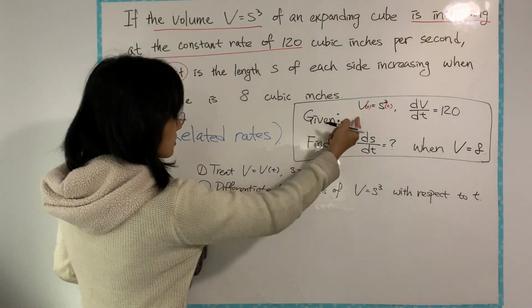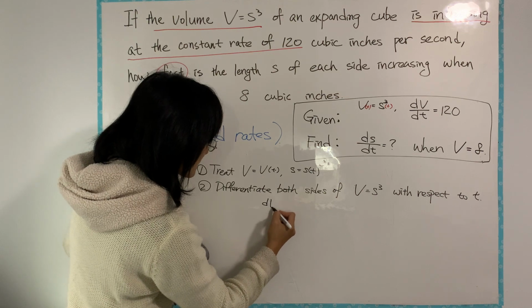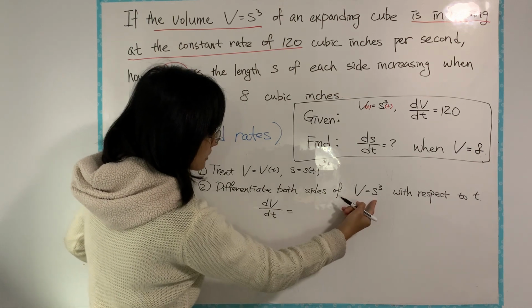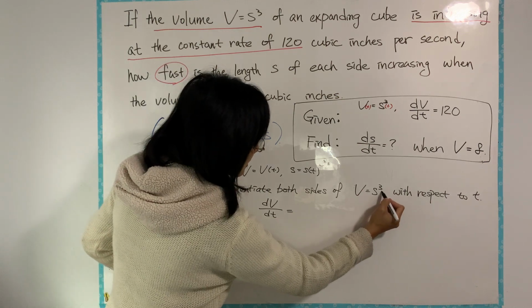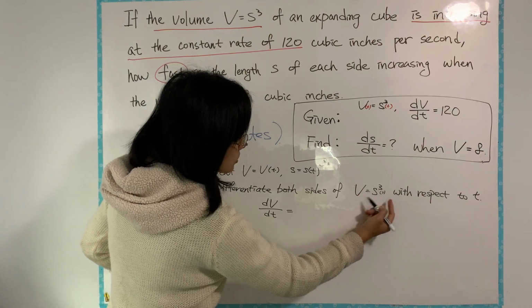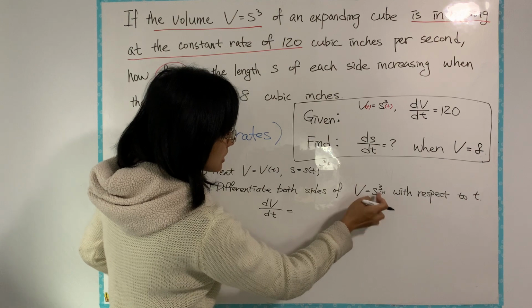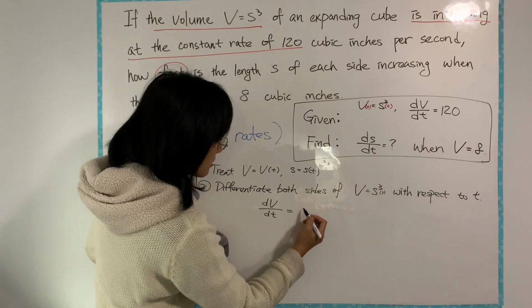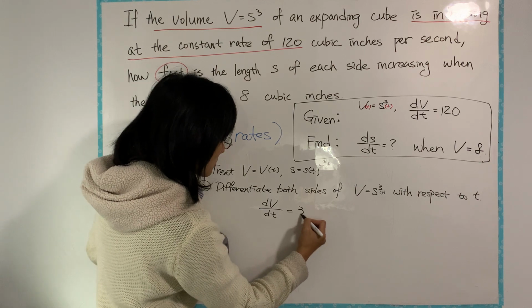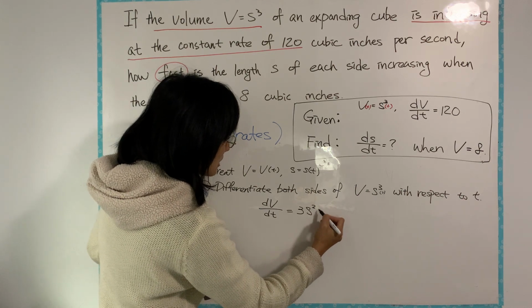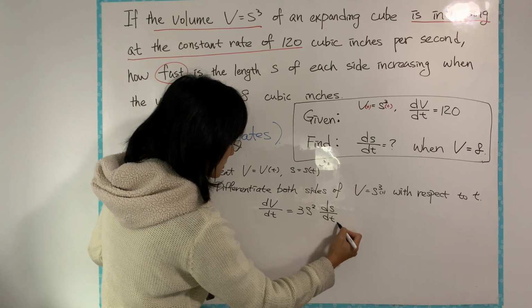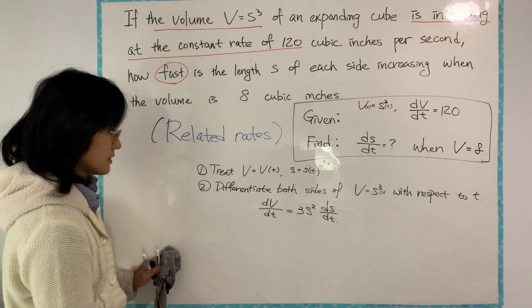Then you get this. On the left hand side, you have dV/dt. On the right hand side, this is a composite function. S is S of t, and then you take the third power of S. So this is 3S squared times dS/dt. That's what you get.